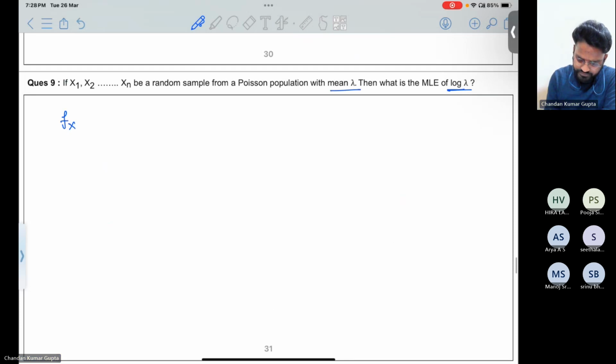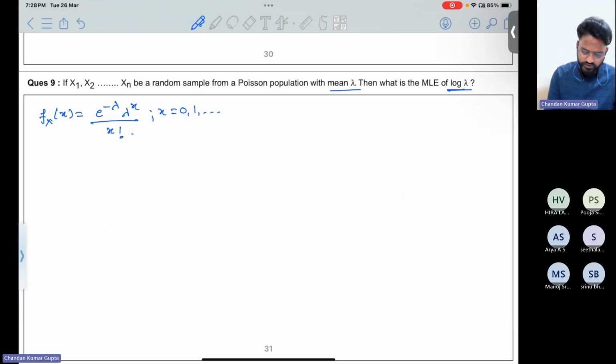That means our PDF will be e to the power minus lambda, lambda to the power x upon x factorial, for x equal to 0, 1, up to infinity.